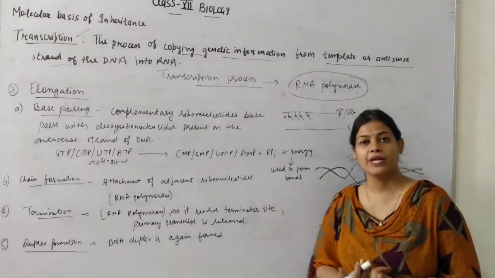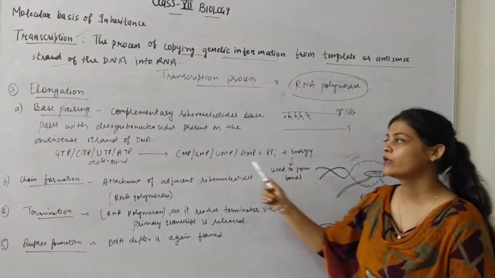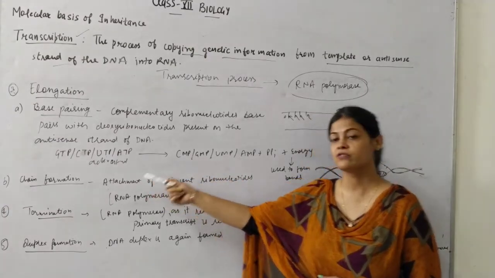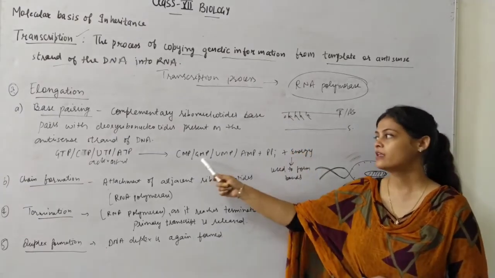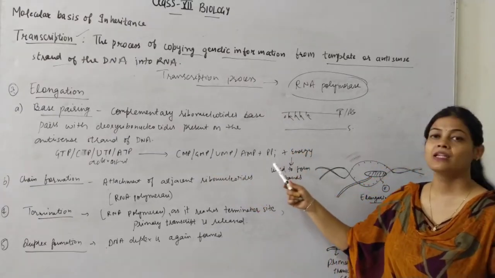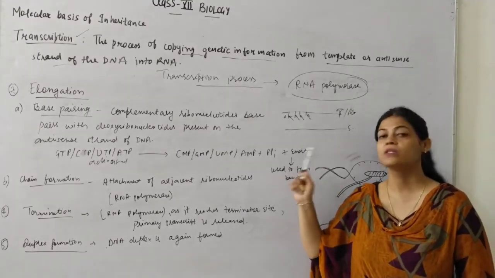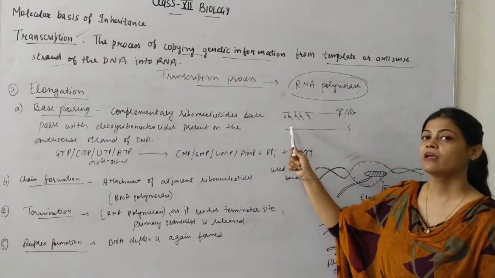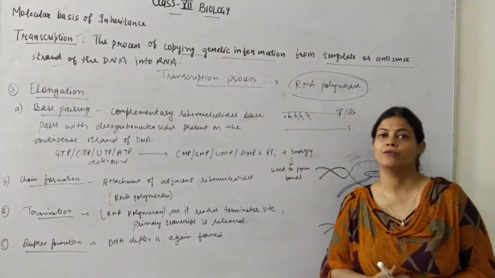When the bond is broken, then energy will be released. So here you can see the activated triphosphates, when they pair up with the DNA complementary strand, then they will be converted into monophosphate with the release of phosphate and energy, and this energy will be used to form the bond between the RNA ribonucleotides with the deoxyribonucleotides.